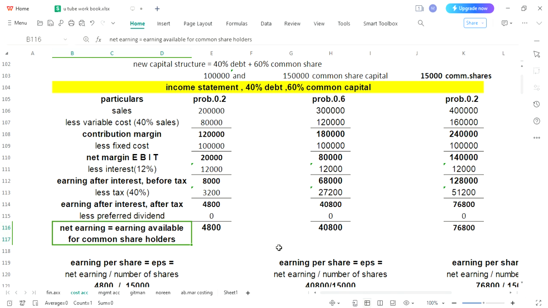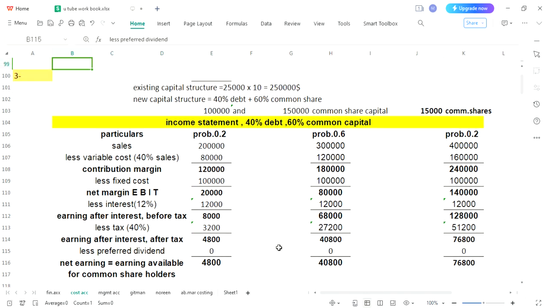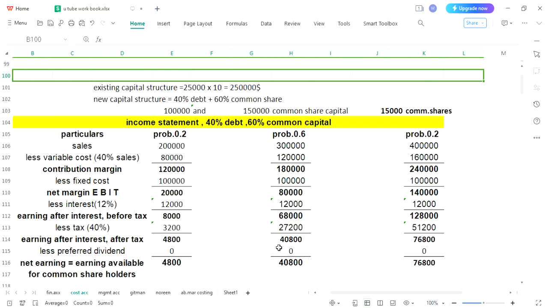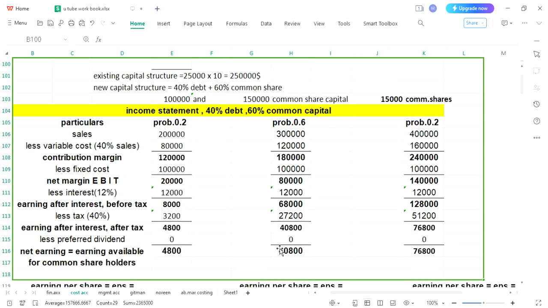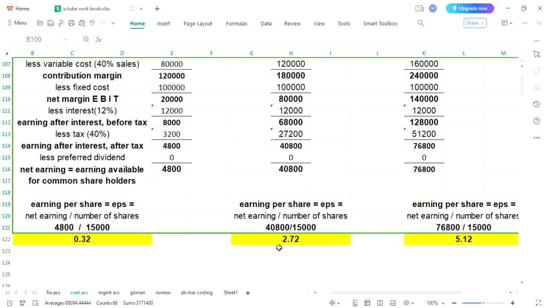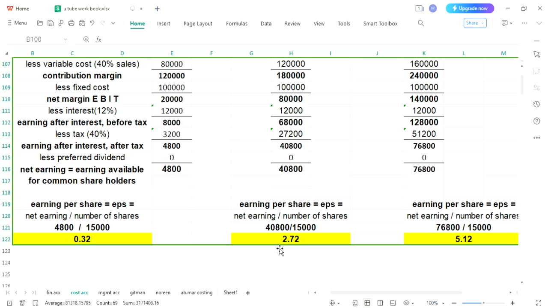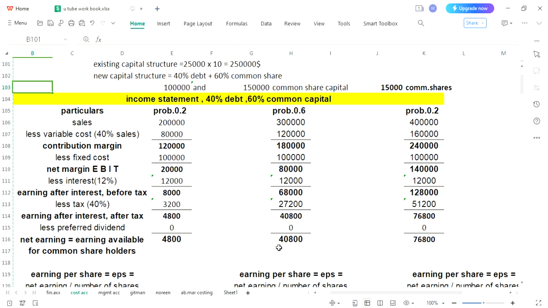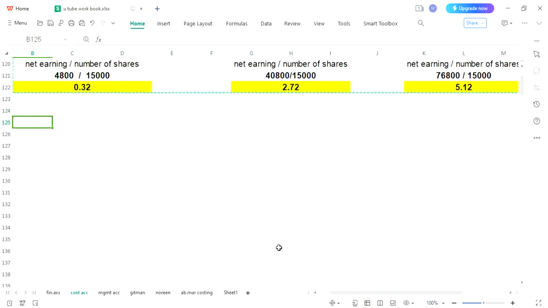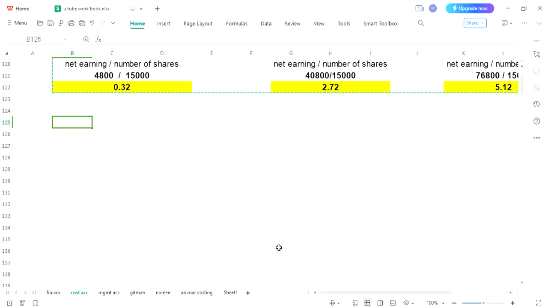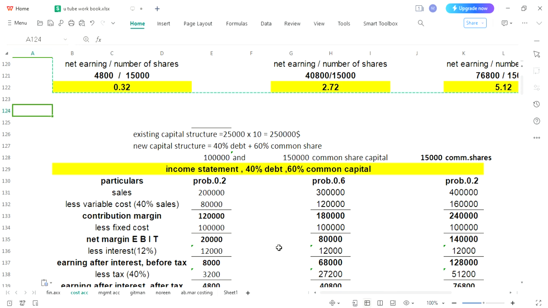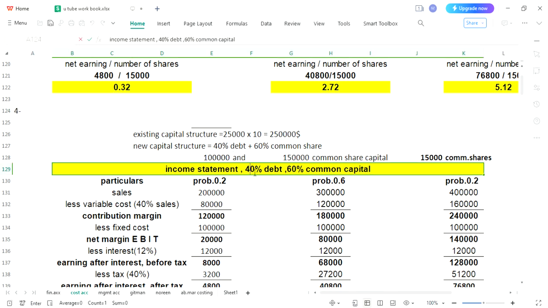This was your existing capital structure for the third part. And here we are going to choose everything present over here and we will copy these headings to solve our next part. This would be the fourth part, where our capital structure would be changed from 40 to 60%.